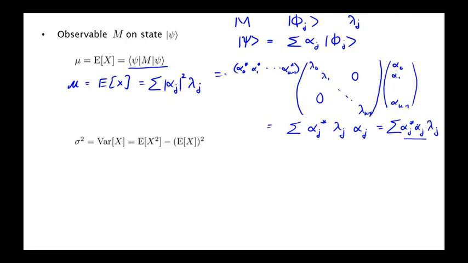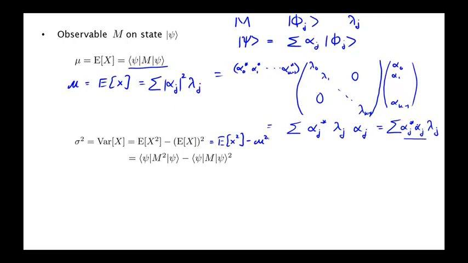Okay. What about the variance of x? So sigma squared. I'm sure you know the variance of x can be written as the expected value of x squared minus the expected value of x, the whole thing squared. This is just the expected value of x squared minus mu squared.